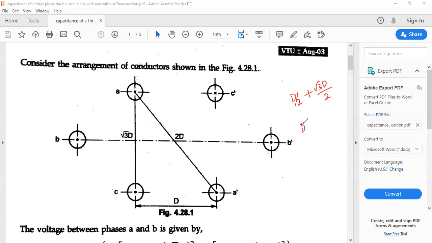On squaring these terms, you get D squared divided by 4 plus 3D squared divided by 4.